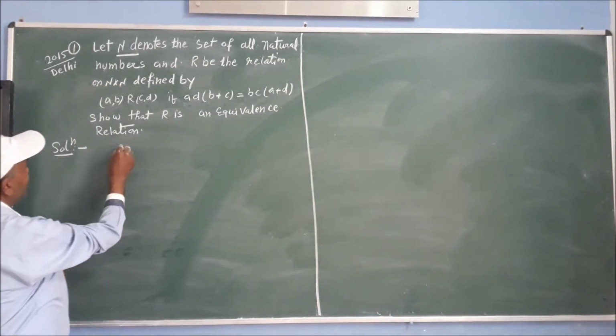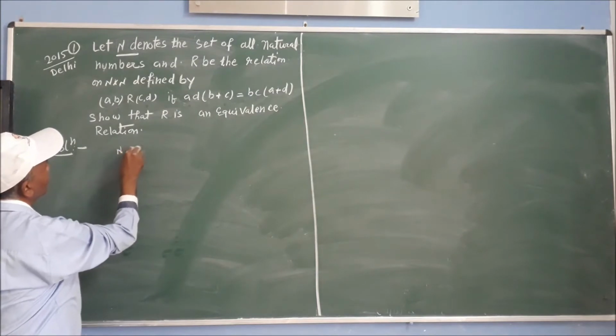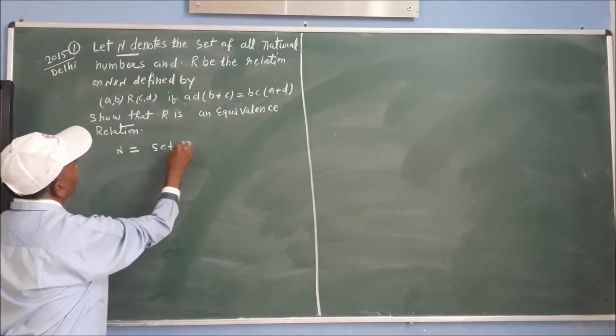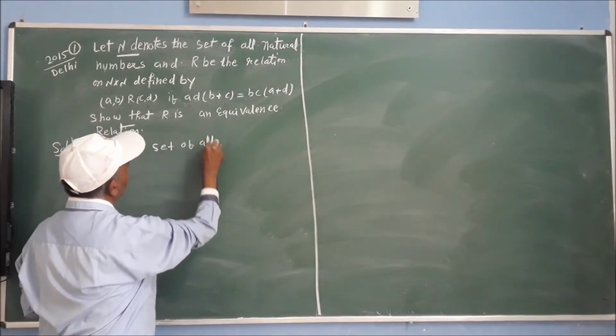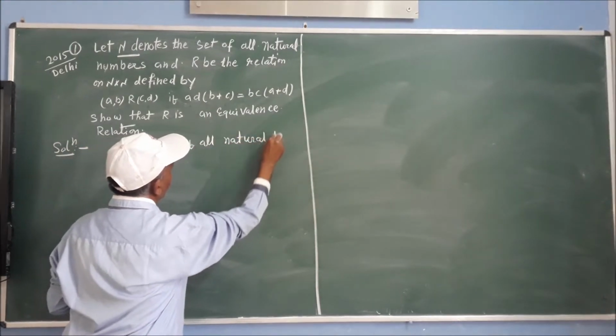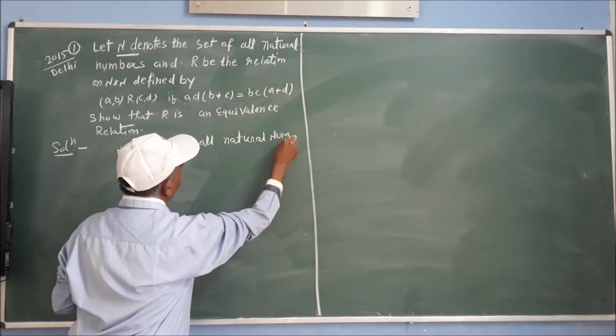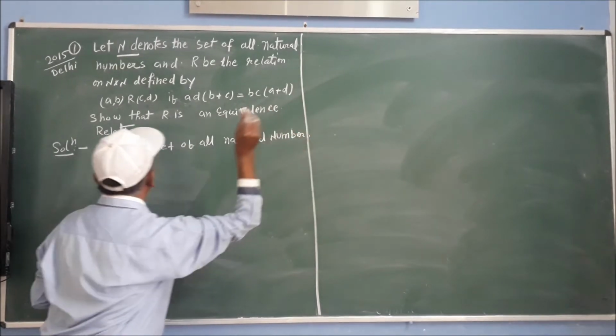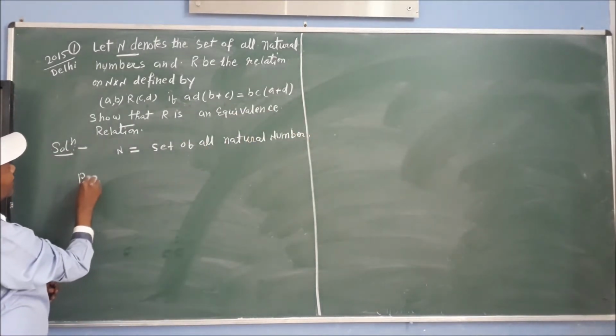So here the set is given, N is equal to the set of all natural numbers, and R is a relation.